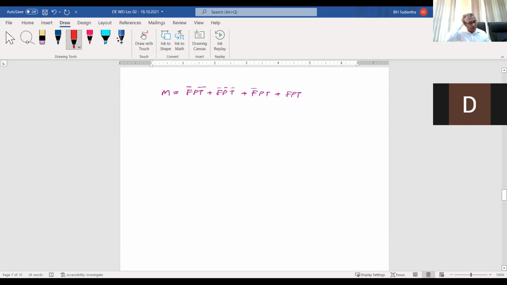To get you refreshed, I think I can draw this one. Then we have 3 sensors there, F, P, T. Then let's make F bar, P bar, and T bar. Then try to make the first term.